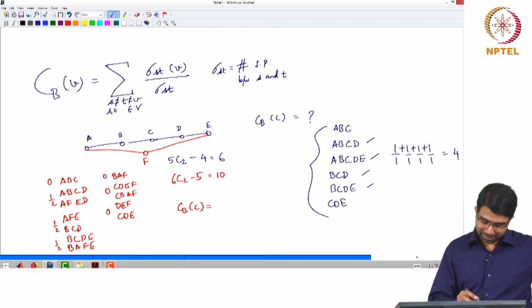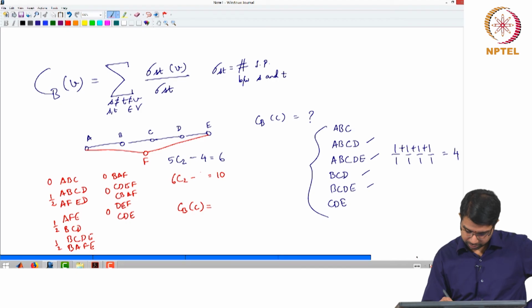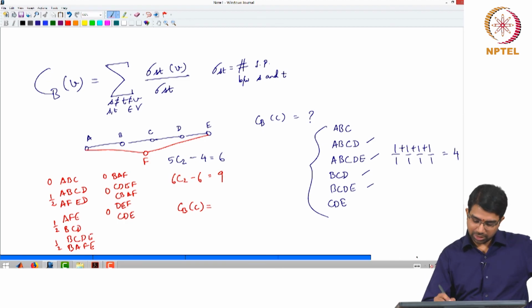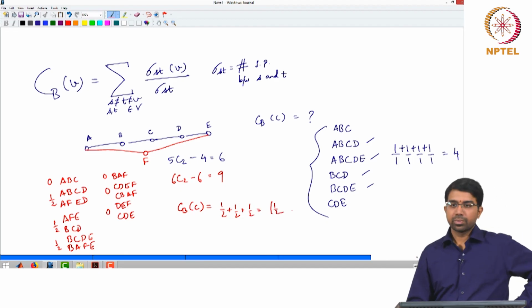I think there is one more path that we have missed. It's 6C2 and 6, so it should be 9. Oh yeah, that's right, we added 2 edges, not 1. Fair enough. So now this is going to be 1.5.